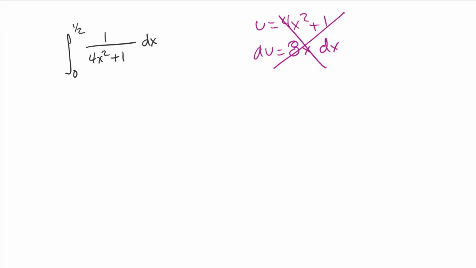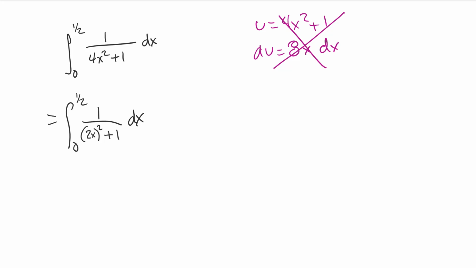The only thing we could take a derivative on would be something linear, like a 2x. If we draw this in just a tad bit differently, I think we could write 4x squared as 2x all squared plus 1.